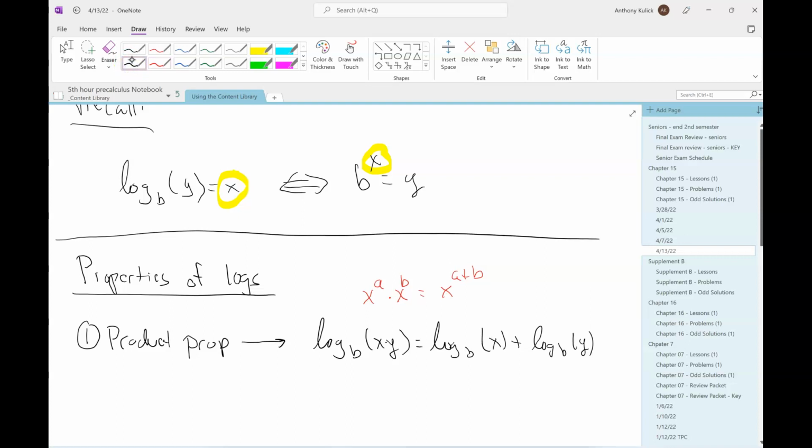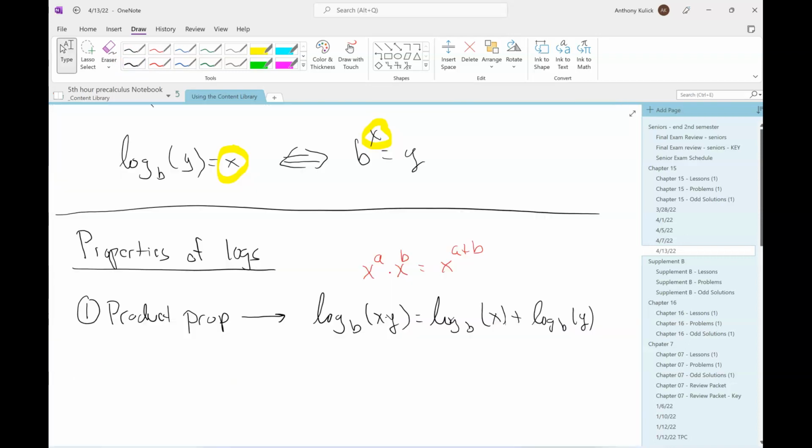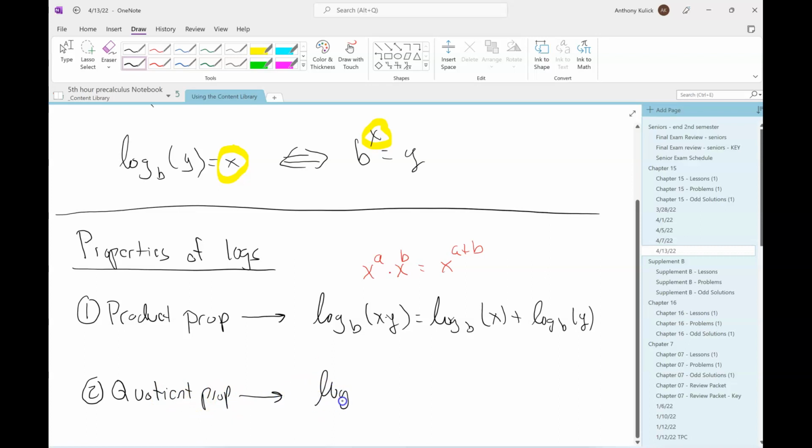Does that feel okay? The next one is the quotient property. And this says that division inside a logarithm is equal to subtraction outside the logarithm.